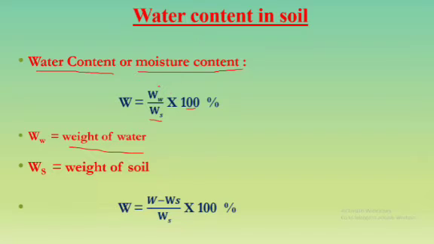So how do we calculate the weight of water now? Suppose we take 1000 gram of soil. In that soil some amount of water is also present. 1000 gram is the weight of the soil, which includes the weight of water and the weight of soil particles, totaling 1000 gram.